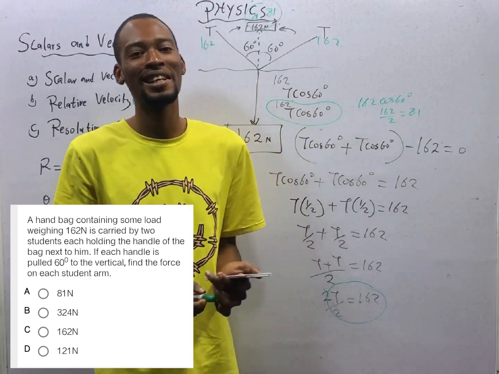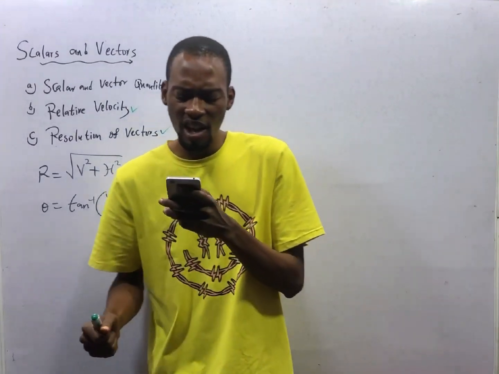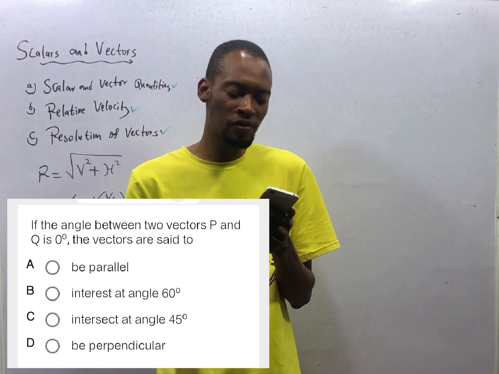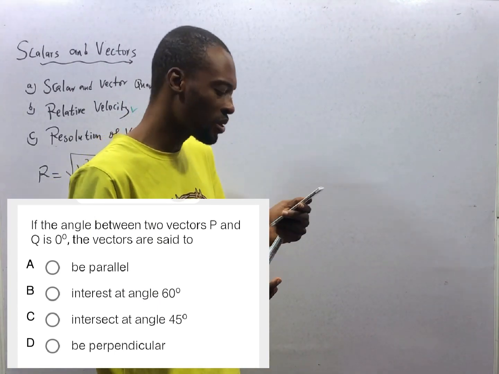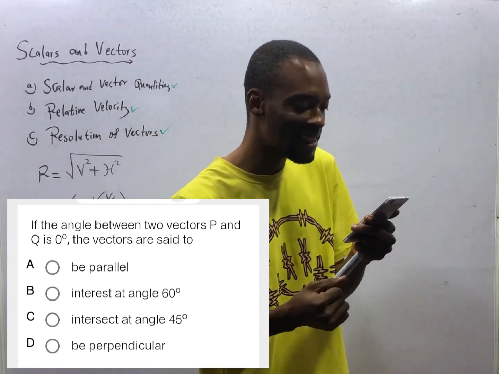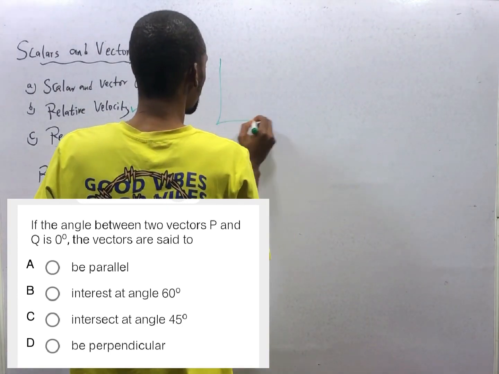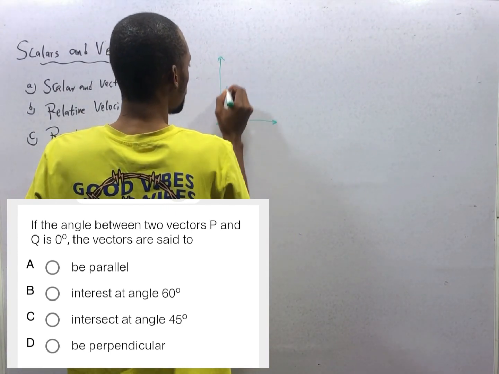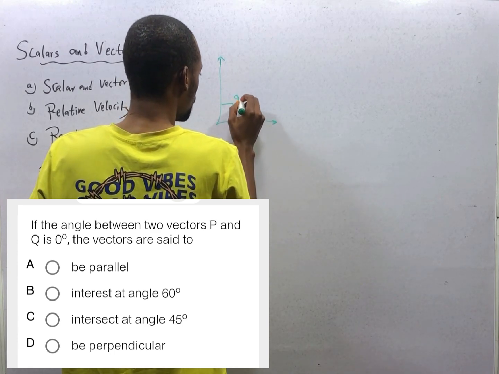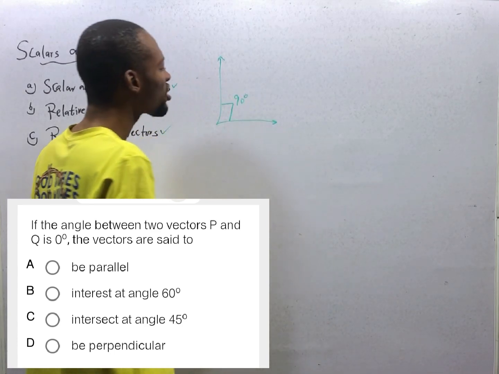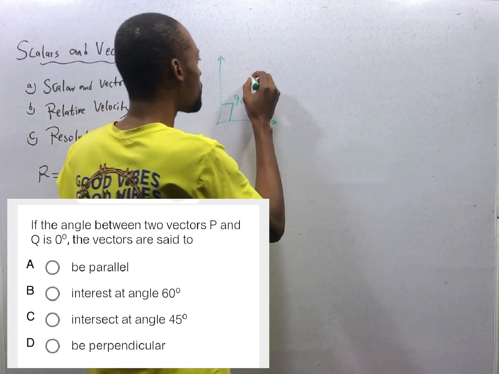Very interesting and sweet. If the angle between two vectors P and Q is 0 degrees, the vectors are said to be dashed. If the angle between two vectors is 90 degrees, the vectors are said to be perpendicular.